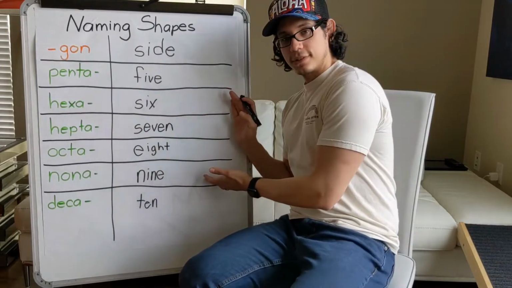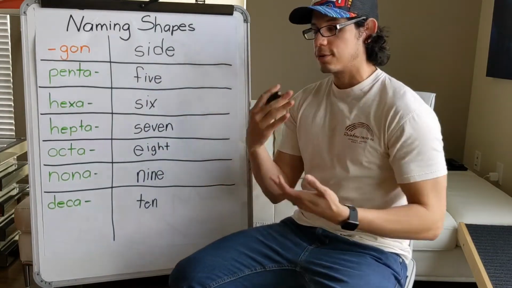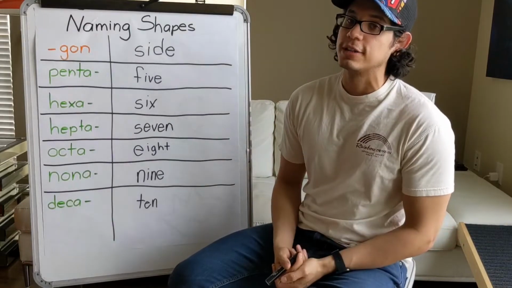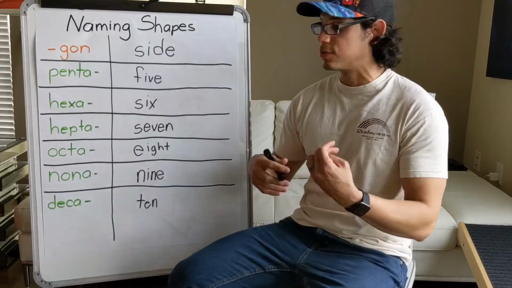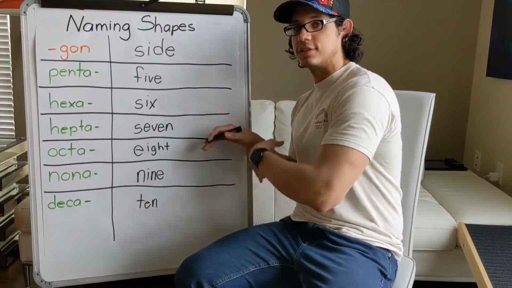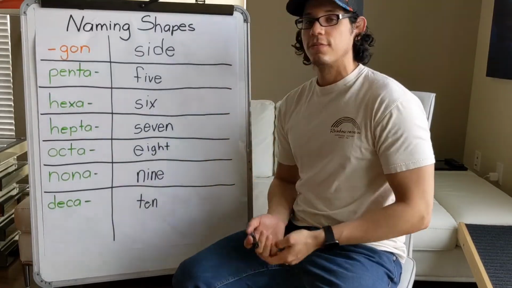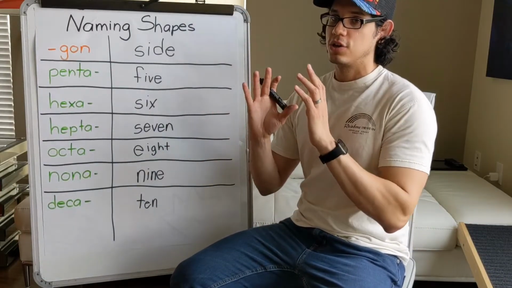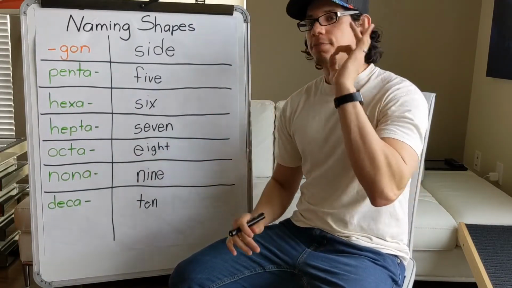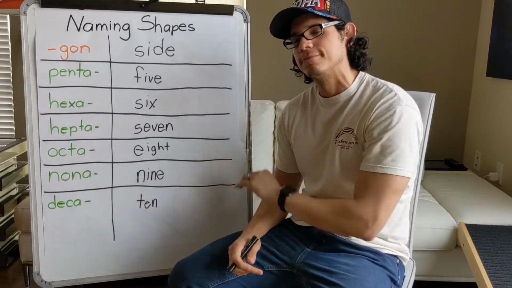I'm going to put this in Teams and Class Dojo, so if you want to pull it up to reference it for our next part of the video, I would really encourage that. As you reference this more and more, you're going to be more familiar with the nomenclature and be able to really make sure that your shapes have the perfect names.